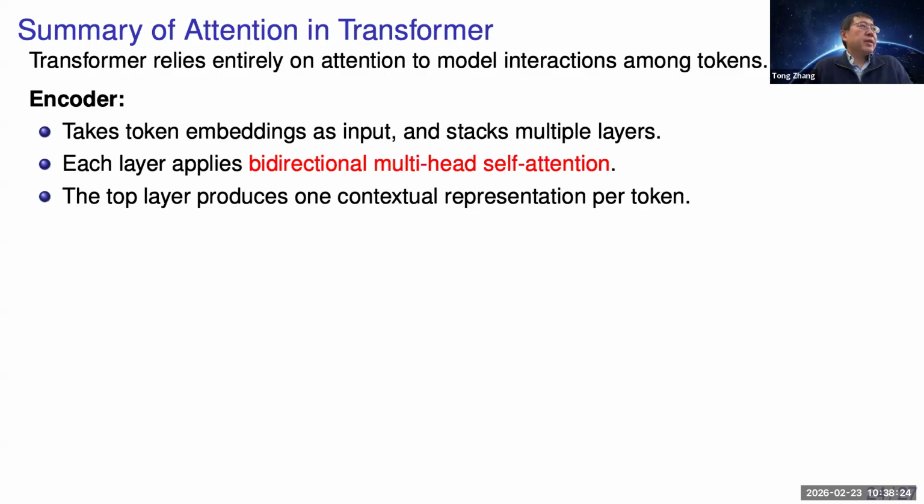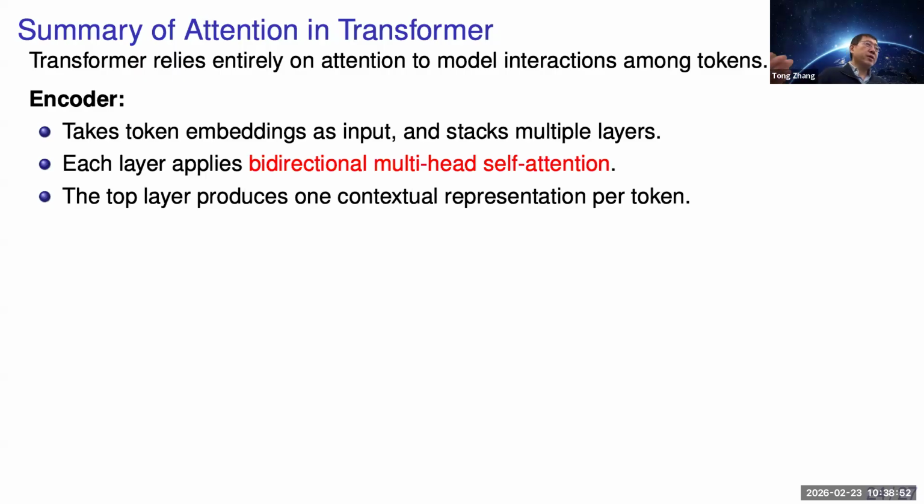So for the encoder, basically you observe that before you do the encoding, it's source information which you have already observed, given. It's like prompts, like the source language in translation. It takes token embeddings as inputs and stacks multiple layers. We have seen that. And each layer applies a bidirectional multi-head self-attention.